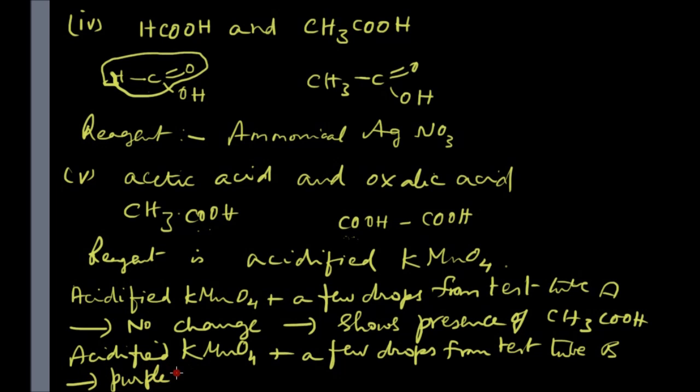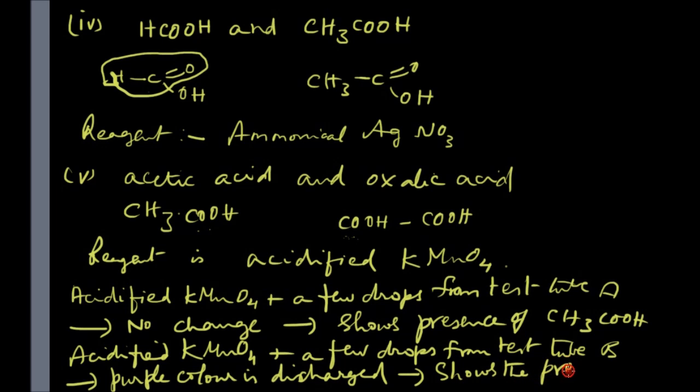Purple color of permanganate is discharged. It becomes colorless. So shows the presence of oxalic acid. In fact, this is not a typical organic reaction, but we can use it here to distinguish between ethanoic acid and oxalic acid.